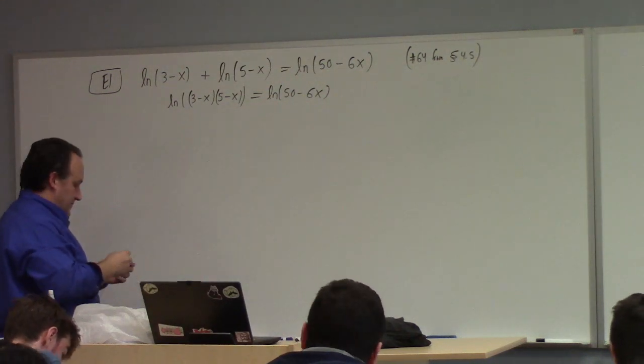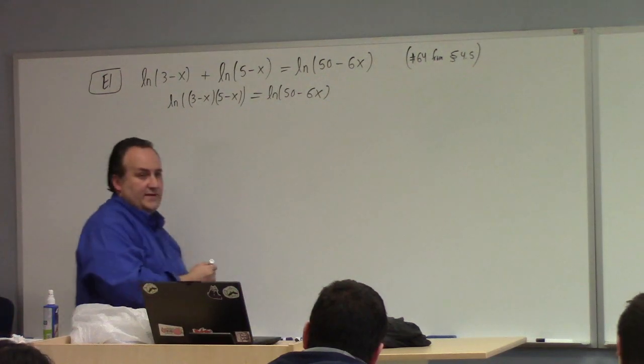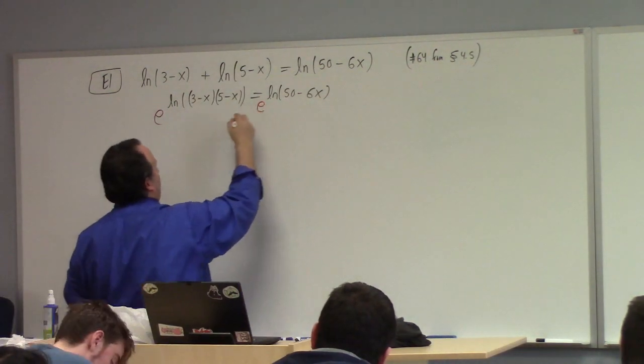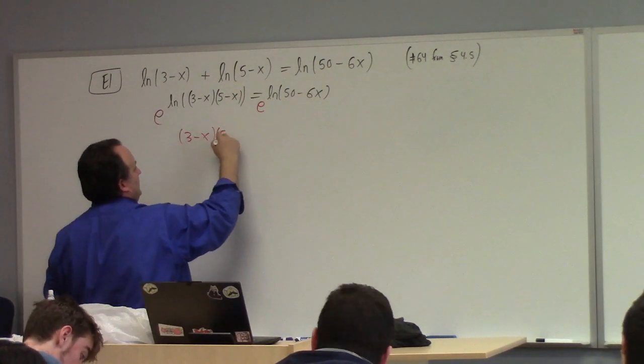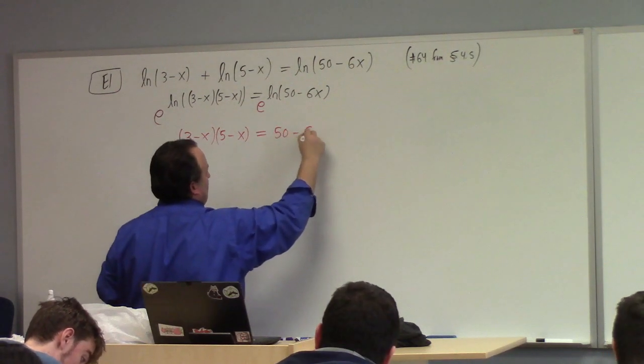And then I'm going to exponentiate both sides. So if I raise e to this side and e to that side, what does that give me? That gives me 3 minus x times 5 minus x is 50 minus 6x.